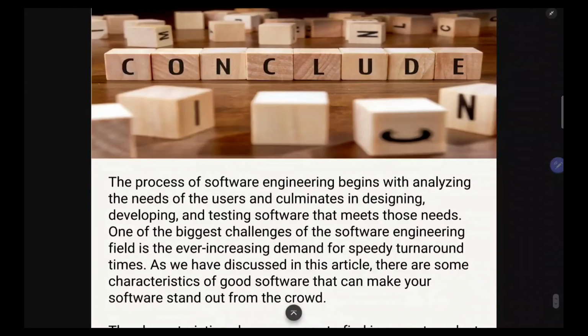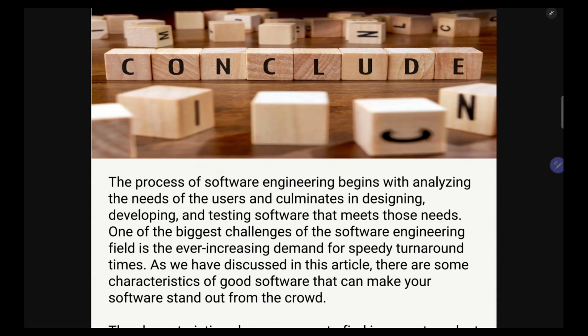To conclude, the process of software engineering begins with analyzing the needs of users and culminates in designing, developing and testing software that meets those needs. One of the biggest challenges of the software engineering field is the ever increasing demand for speedier turnaround times.